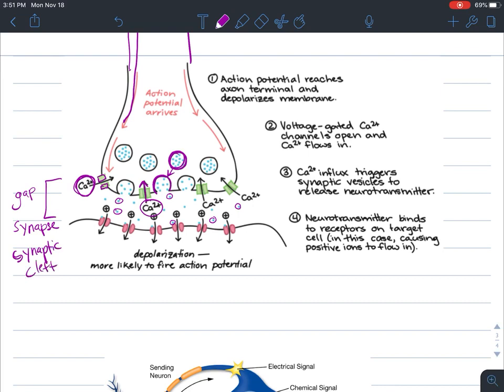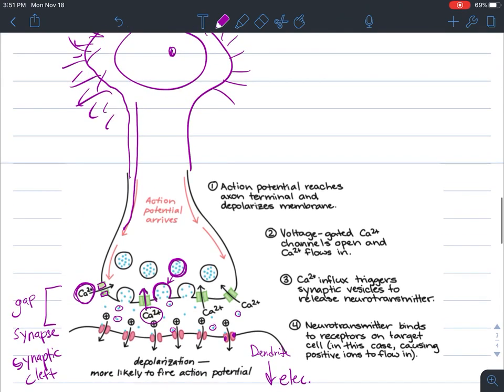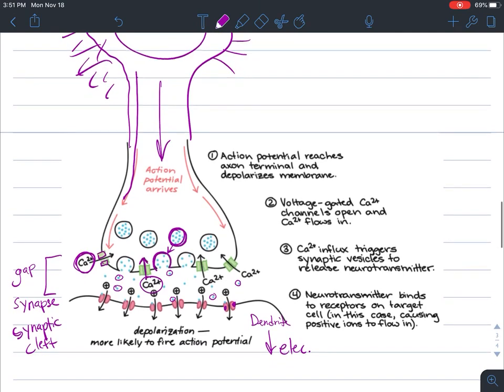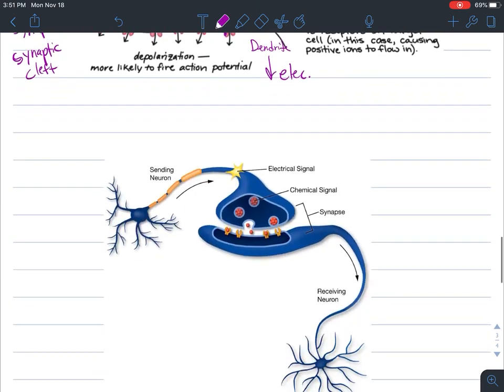And they then enter these receptor cells, which is our next neuron. This would be the dendrite of the next neuron, and then those send an electrical signal down to the end of the axon, and this process repeats itself over and over and over again.